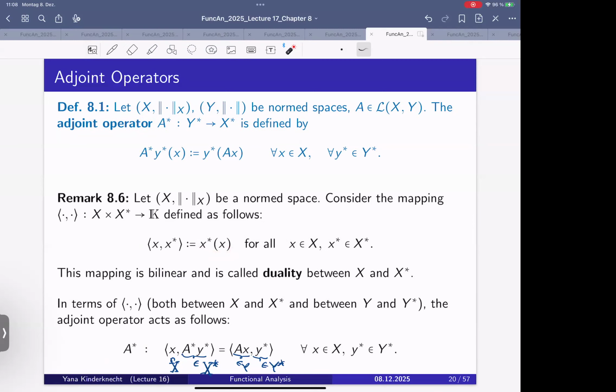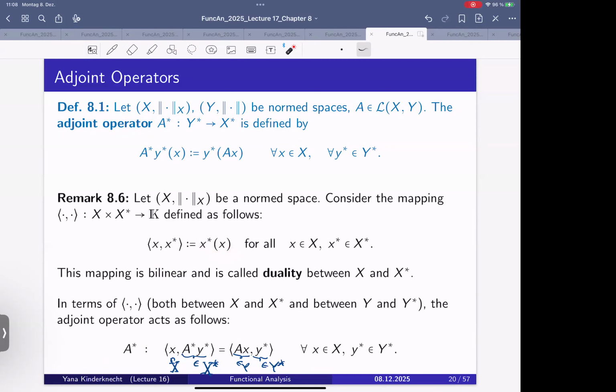And this action is given by a scalar product. That's why actually we use this notation, such brackets, which resemble very much the scalar product. So in the special case of Hilbert spaces, we may rewrite definition 8.1, and it gives us the following definition.